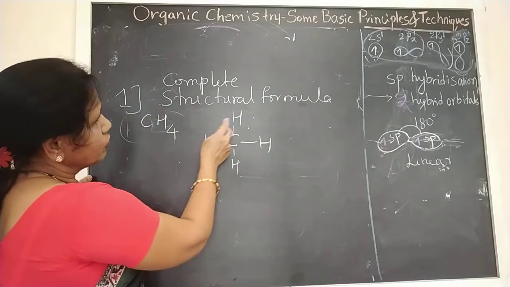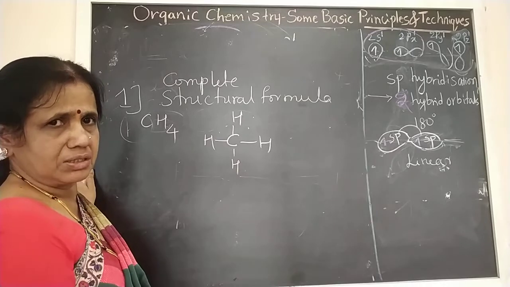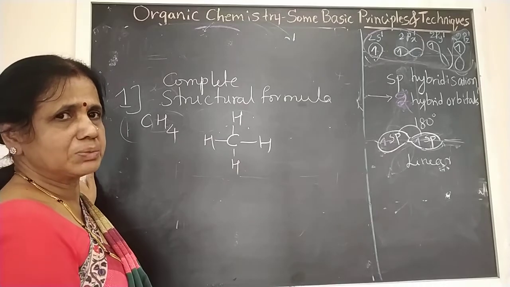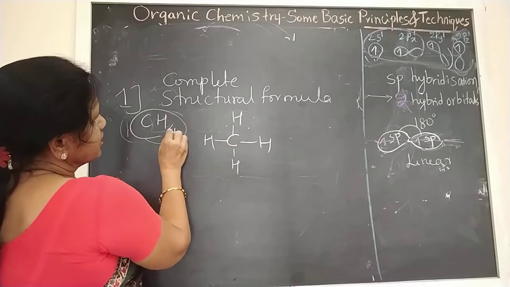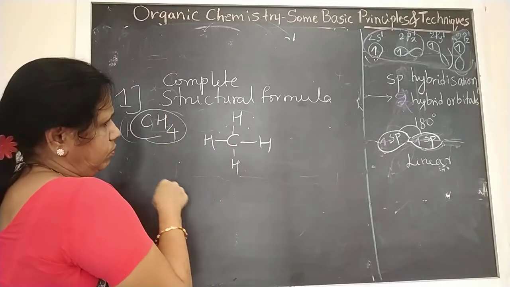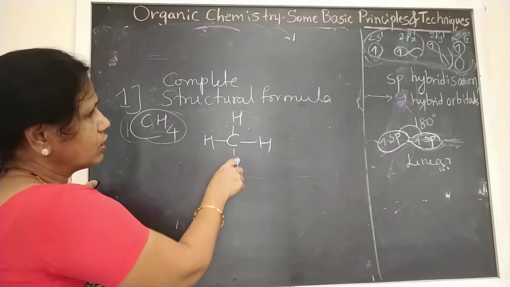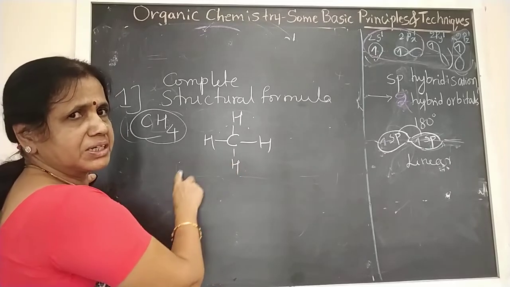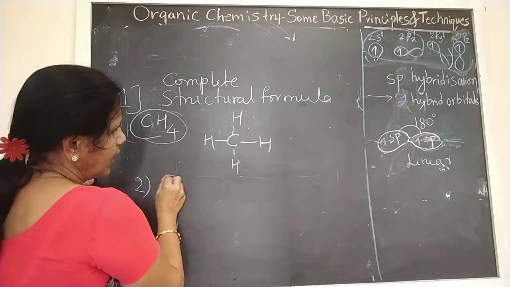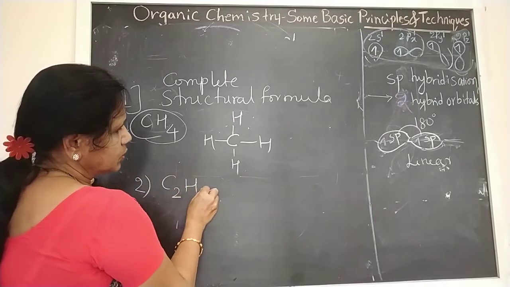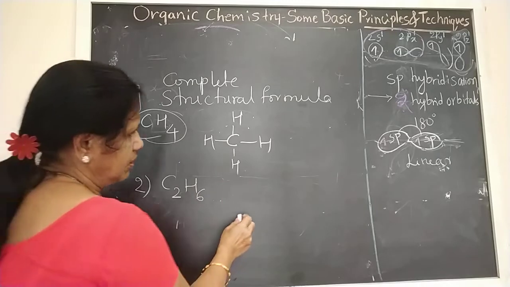Then the second type of formula we are studying is the condensed structural formula. Condensed means short, making short. So we can write CH4. This is condensed. So: complete structural formula and condensed structural formula. Second one, example ethane, C2H6, alkanes.